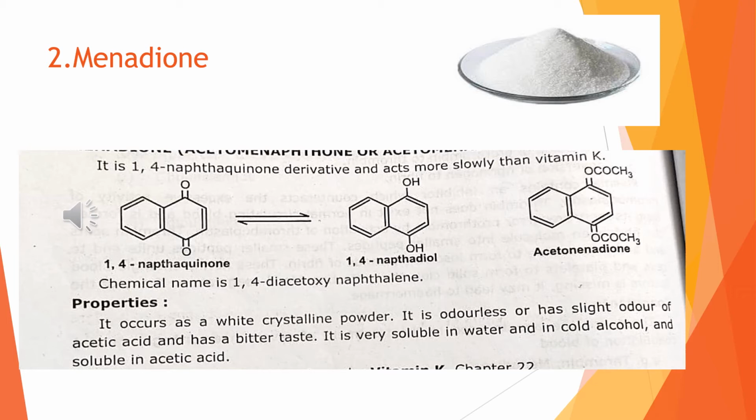That is odorless. Or it has a slight odor of acetic acid and has a bitter taste. Maybe it can be odorless, or else it has a slight odor of acetic acid present. It has a bitter taste. Bitter taste means its taste is bitter.